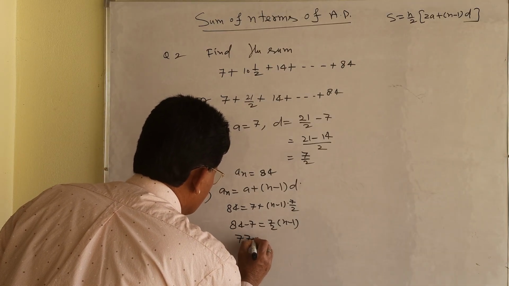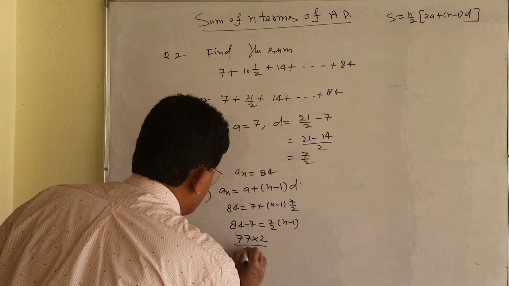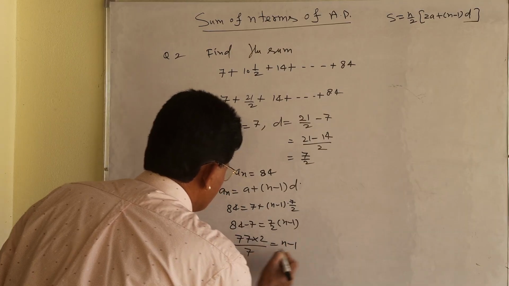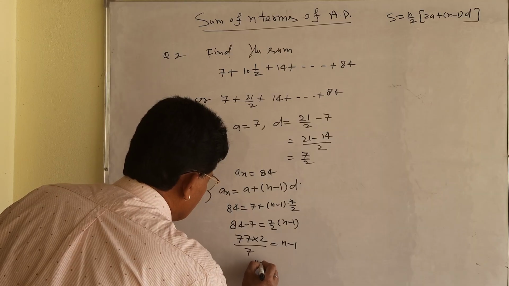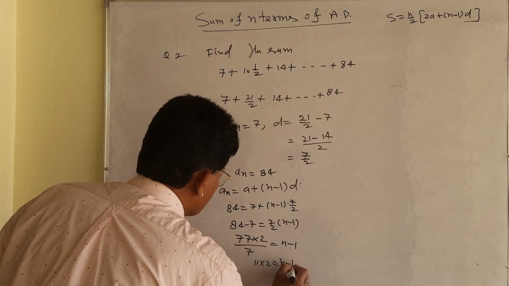And my dear student, take the cross multiplication by 2 and divide by 7: 77 divided by 7 is 11, into 2 is equal to n minus 1.